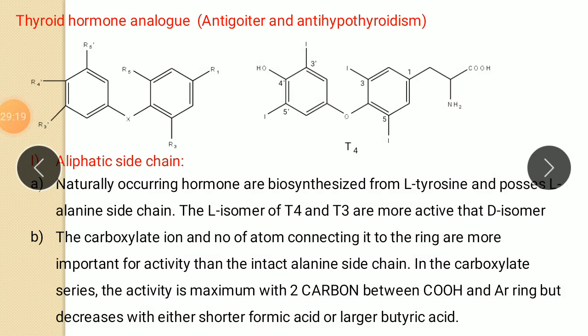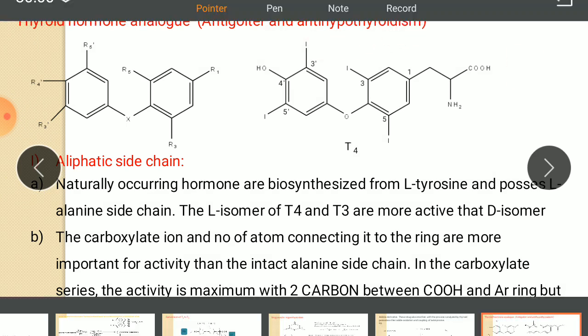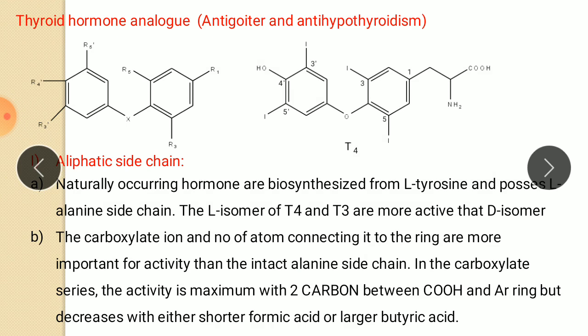Now next, the drugs which are used in hypothyroidism. So here there is anti-hypothyroidism, or called anti-goiter. So it is also a disease due to less secretion of thyroid hormone.